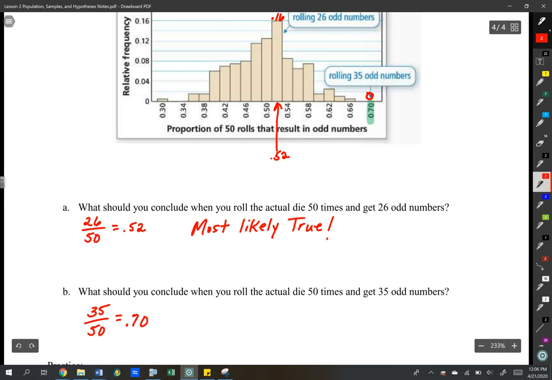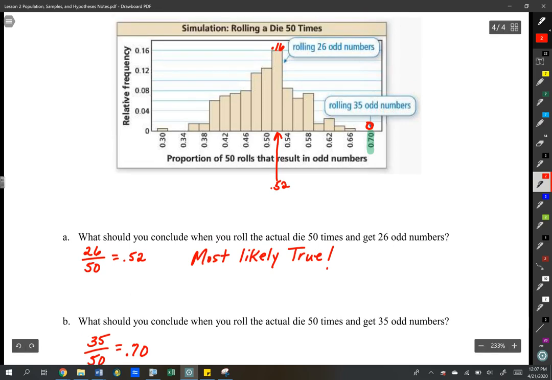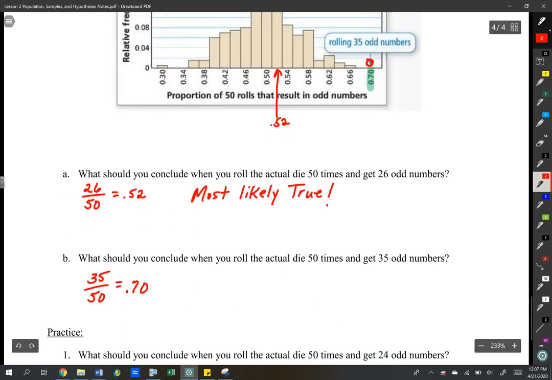It never happened, okay? So this one is very unlikely to happen. If you rolled 35 odd numbers out of 50 times, that's very unlikely to happen based on our relative frequency chart. So this one would be most likely false. Very unlikely.